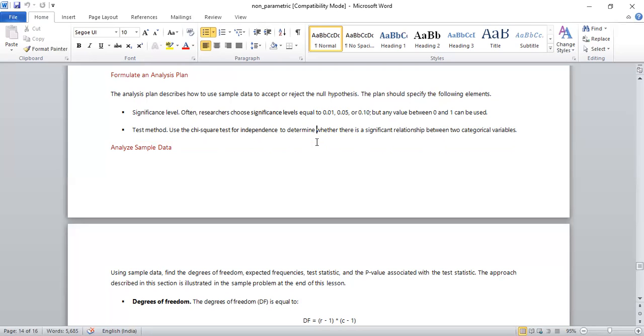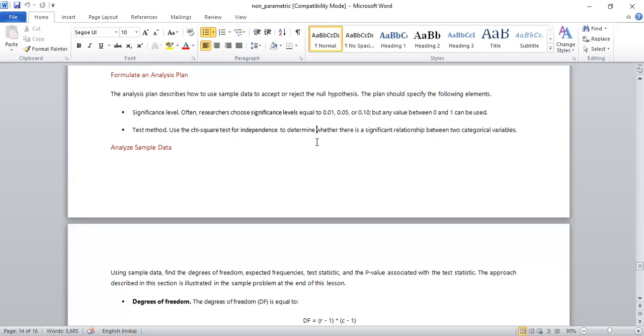So you have to find out whether a significant relationship exists or not. That's why you have to conduct the chi-square test for independence or homogeneity. For that, how do you formulate your analysis plan? You have to choose a significance level, any value between 0 and 1, that is 0.01, 0.05 or 0.10, and you have to determine the test method, that is the chi-square test for independence.